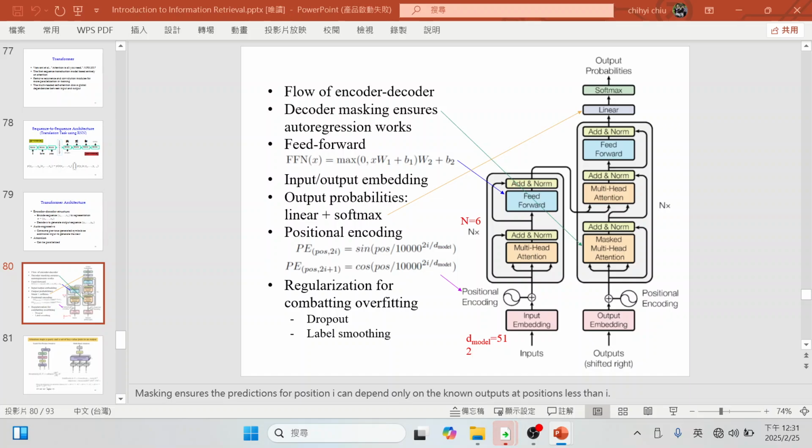This is the value matrix. Here we have three value vectors: one is I, one is love, and one is you. I have three vectors representing the value matrix, where the first row represents the first token, then the second row, the third row.